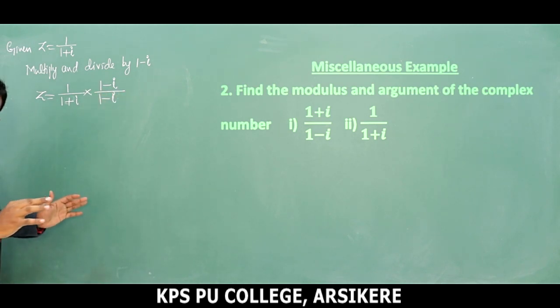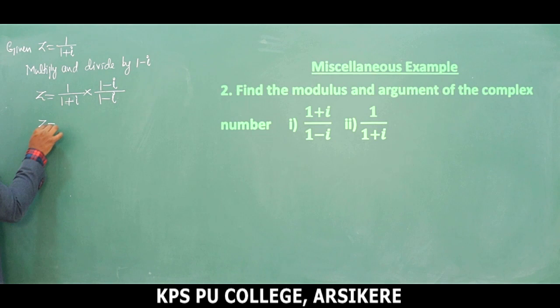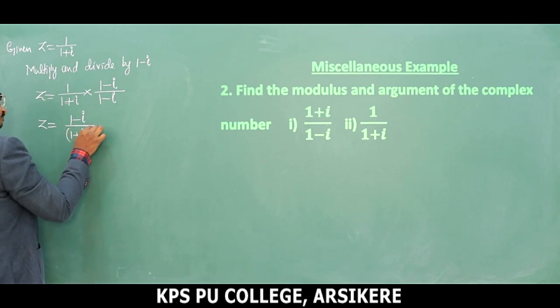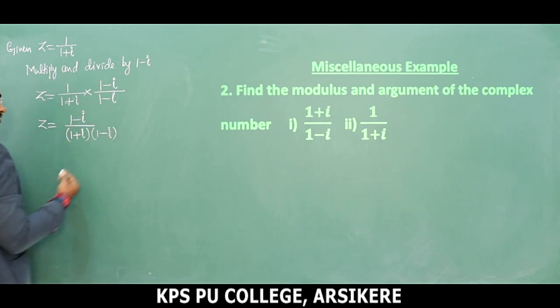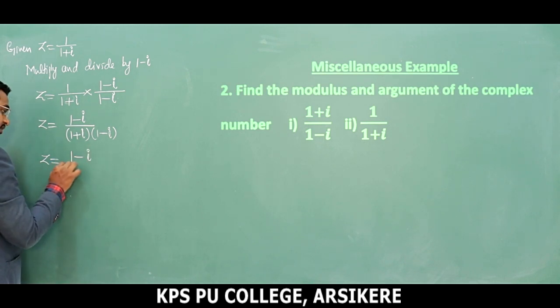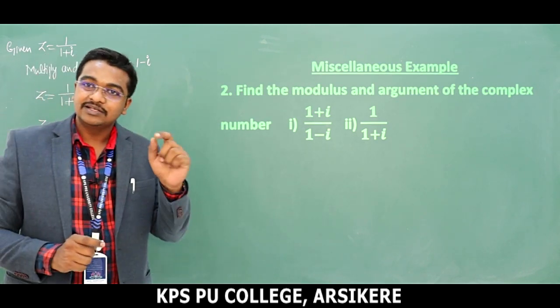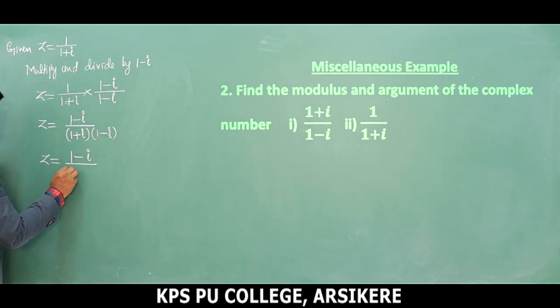Next step is simplification. z is equal to 1 into 1 minus i is 1 minus i, divided by 1 plus i into 1 minus i. Compact form is 1 square minus i square. So this reduces as 1 square minus i square.